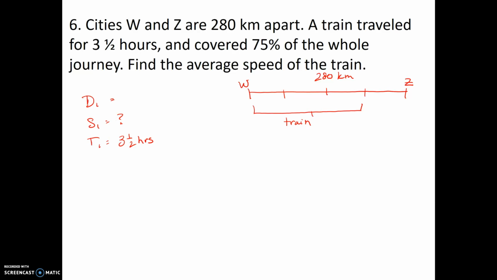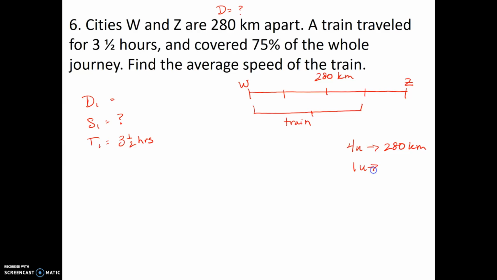Now, we actually don't exactly know the distance yet either, do we? Because we're given a distance of 280. However, that's the entire distance, and we can see from our word problem that the train did not cover the entire distance. So let's figure out what that is. We can use the unitary method for this. So 4 units is going to equal 280 kilometers.